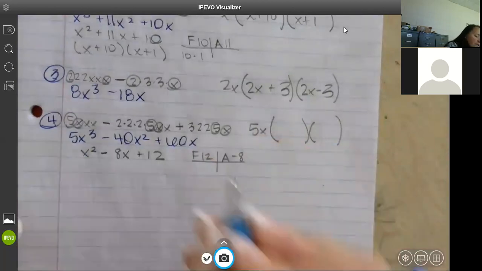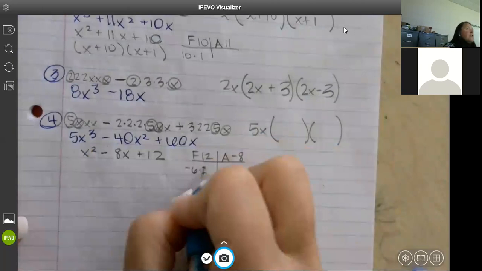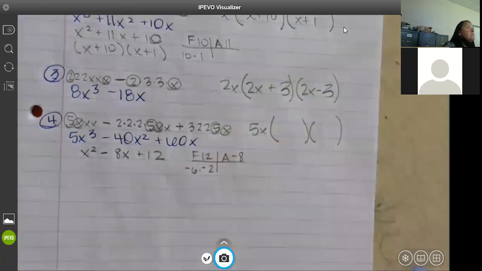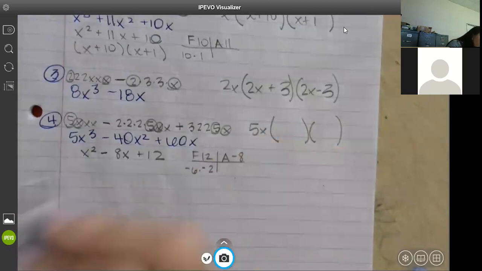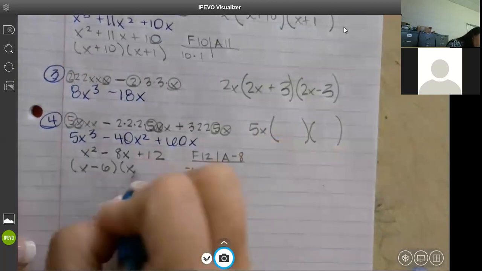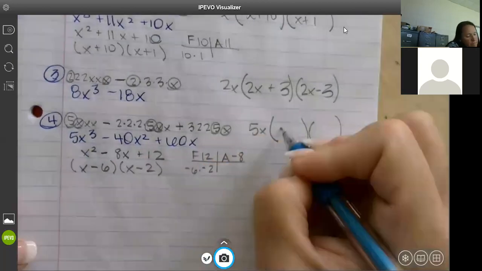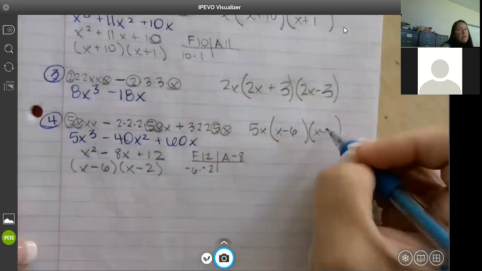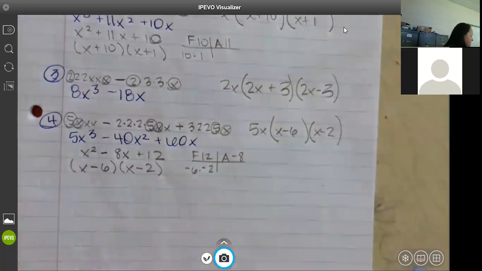I'm going to go ahead and tell you those are negative 6 and negative 2. So our letter was x and a negative 6, x and a negative 2. So those go up the top of that 5x. That letter on your paper is O. So number 4 is also going to be O.